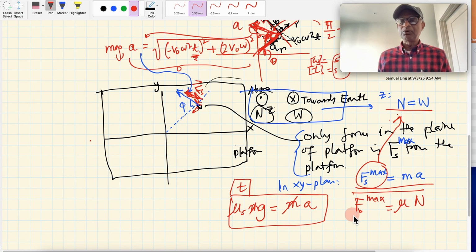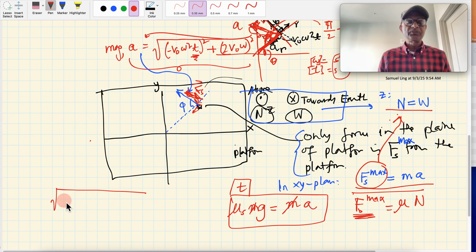Eventually it's going to go beyond this limit, and it's going to start to slide. So putting that over there, square root of v naught square omega to the 4 t square plus 4 v naught square omega square equals mu s g.